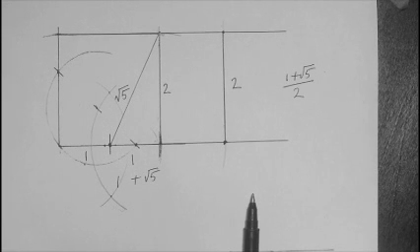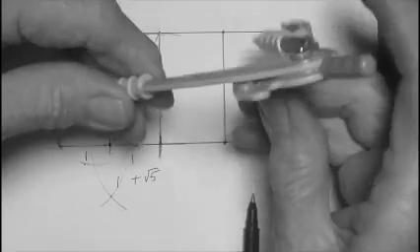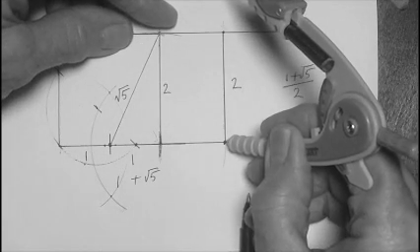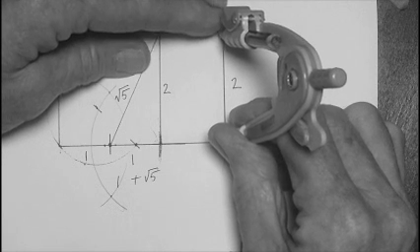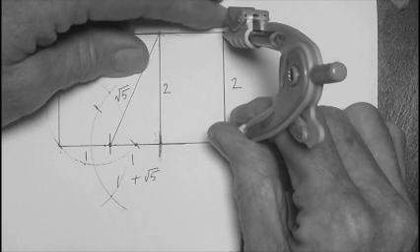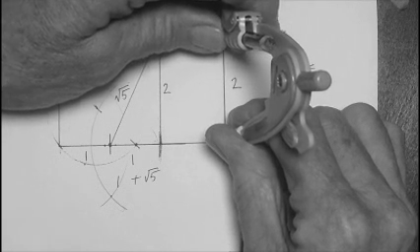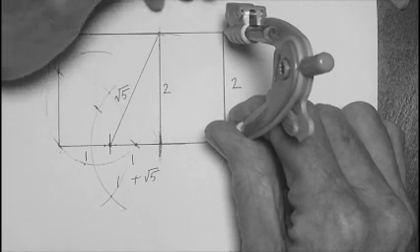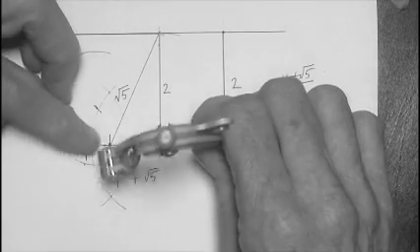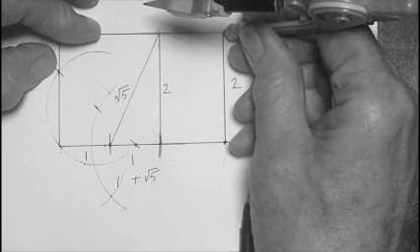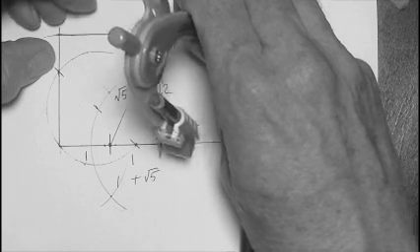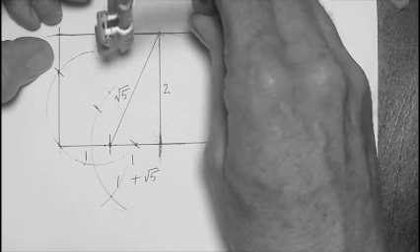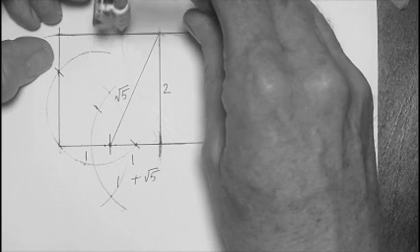Let's take the length of our side of the original square, or rectangle, they're both the same, and we will take this length of 2 here. You know, it's getting kind of crowded down here. I think I'm going to bring it up here so we're not so crowded. Okay, that's 2. I'm going to bring this around here like that and hit here like that.